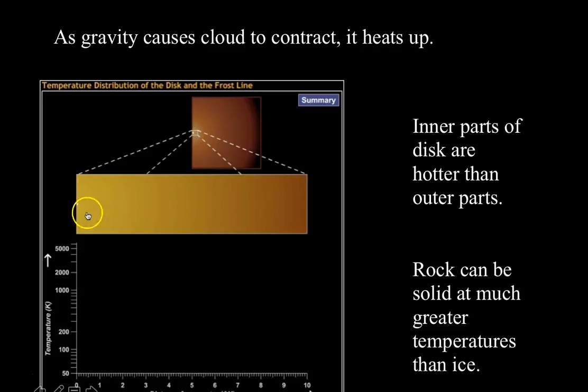Water and methane would turn into a gas here, and so it would be sort of like a cloud surrounding the protostar.